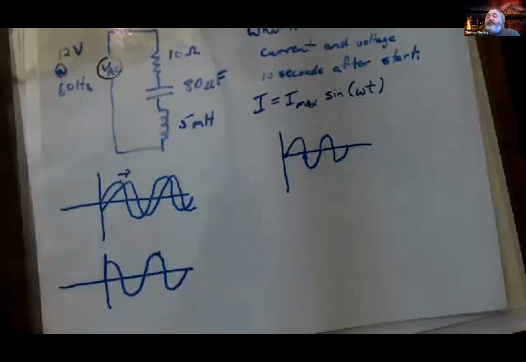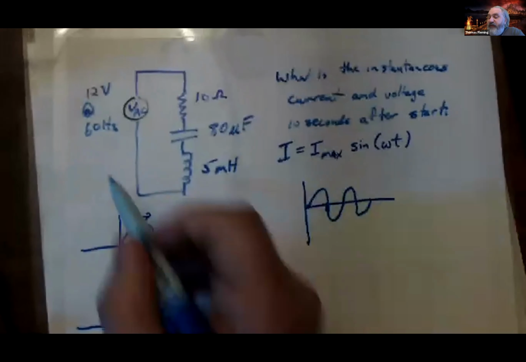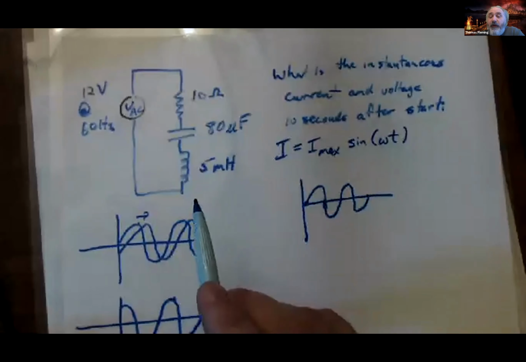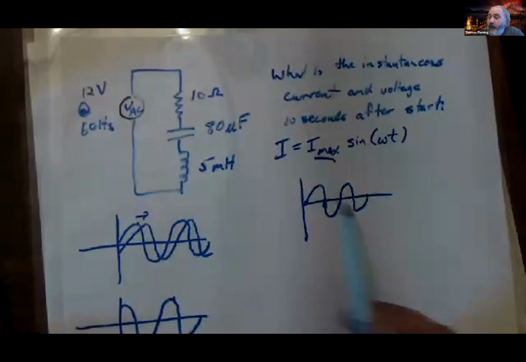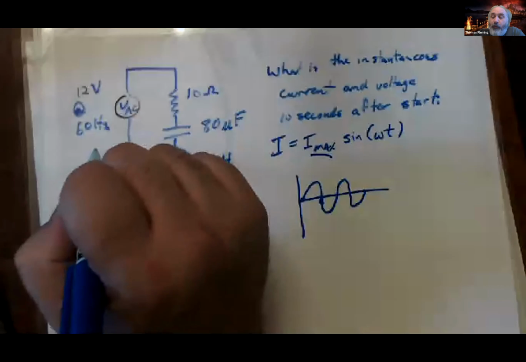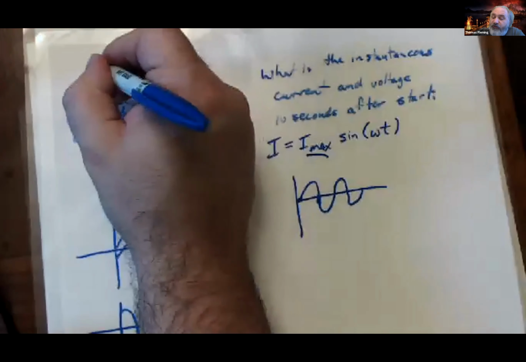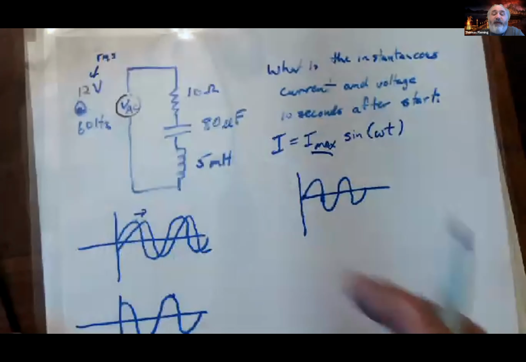And we'll have to start that process the same way we did the problem yesterday. The first thing we'll do is figure out for these conditions what is my impedance and what is my I max. Usually AC voltages are reported in terms of RMS voltages. So this 12 volts is the RMS average voltage. From that, I should be able to find the RMS current.